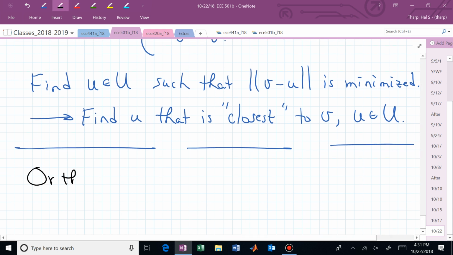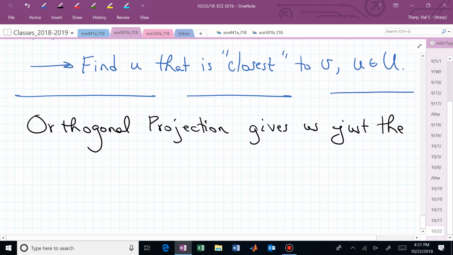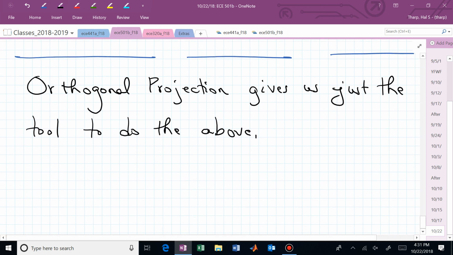Orthogonal projection gives us just the tool to perform the above minimization. And that's in the form of a proposition.